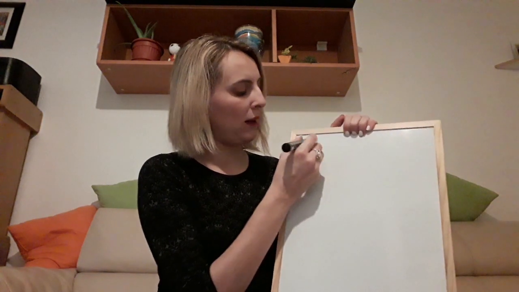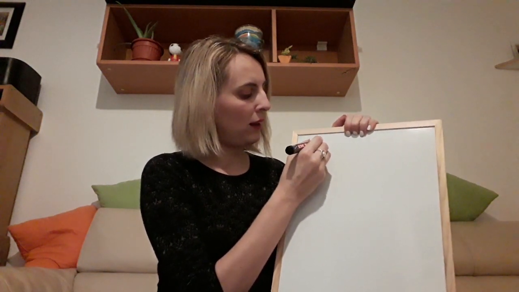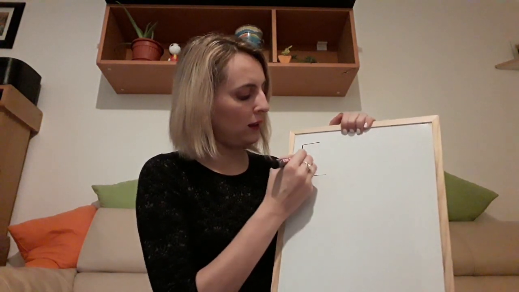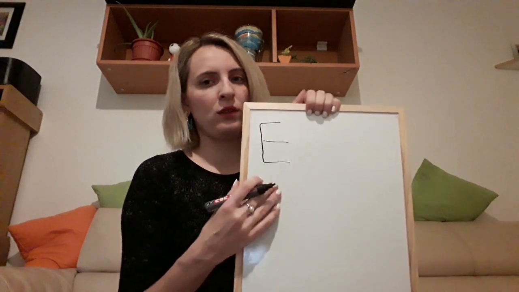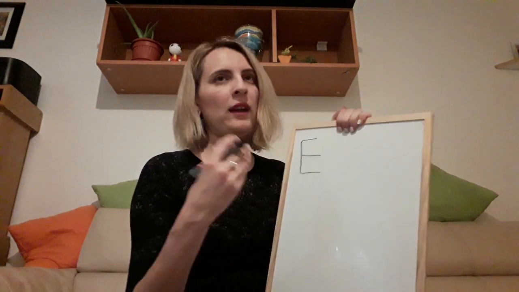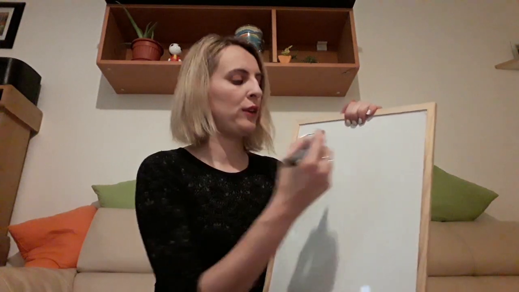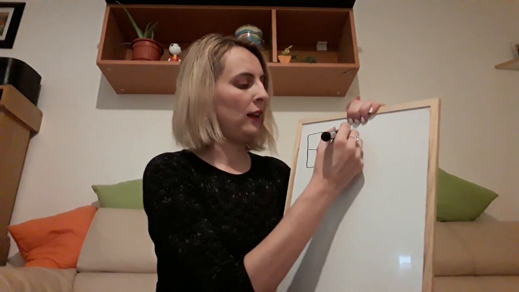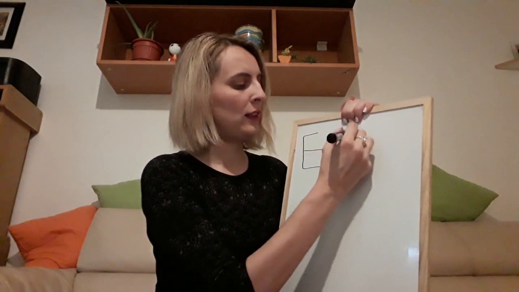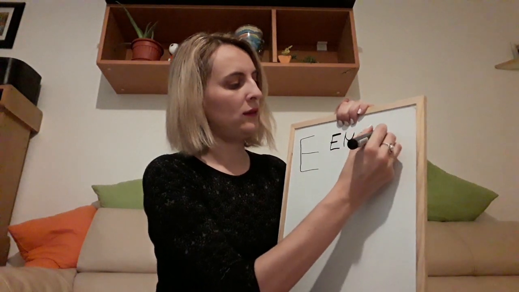After that we have the letter E. You know this letter, right? And in the Interslavic language it is pronounced like e, and we have a word for this, emocija.